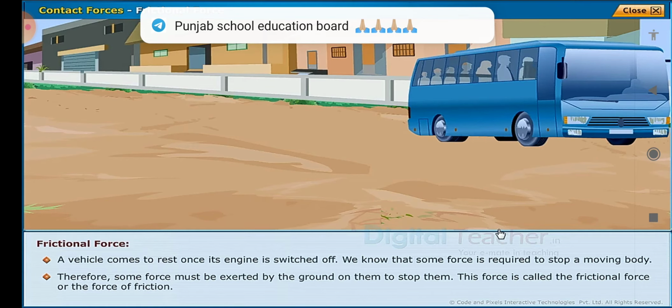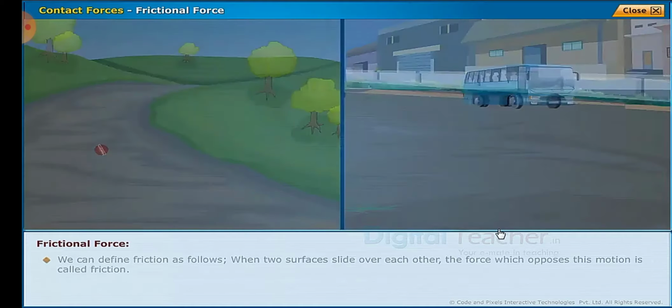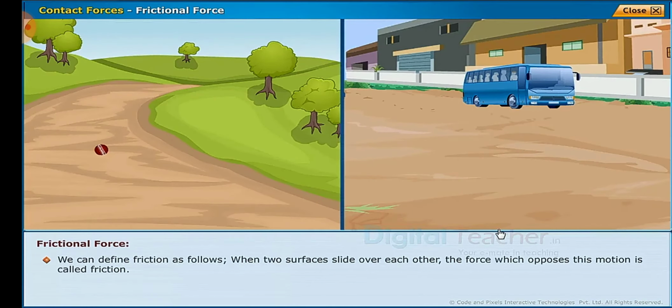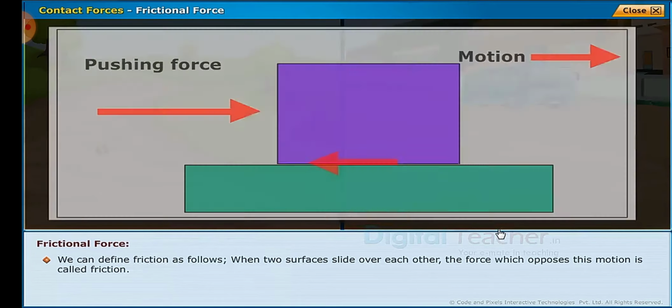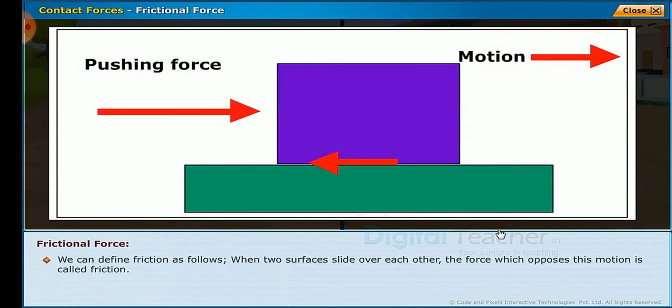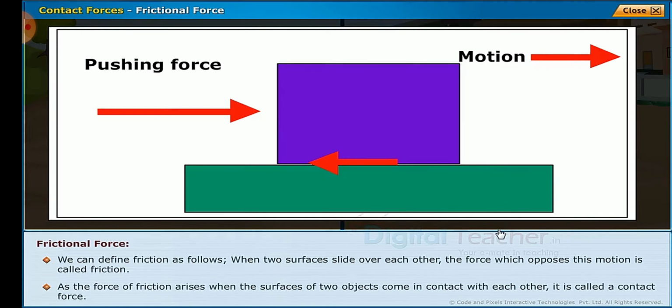This force is called the frictional force or the force of friction. We can define friction as follows. When two surfaces slide over each other, the force which opposes this motion is called friction. As the force of friction arises when the surfaces of two objects come in contact with each other, it is called a contact force.